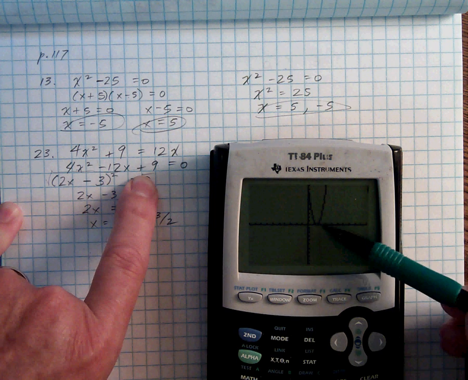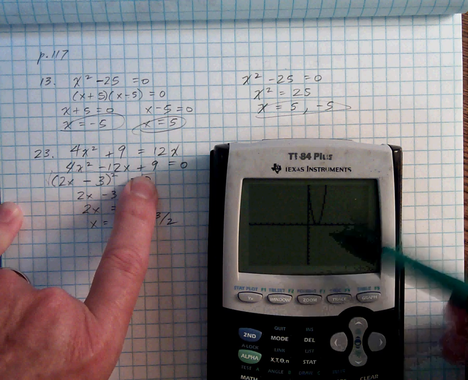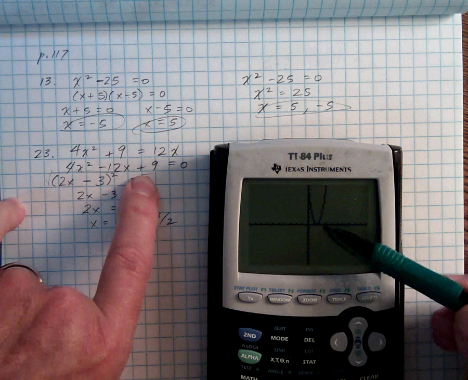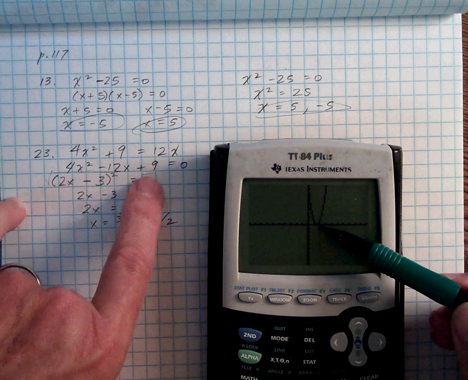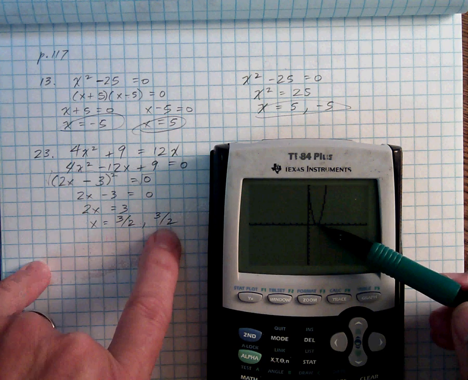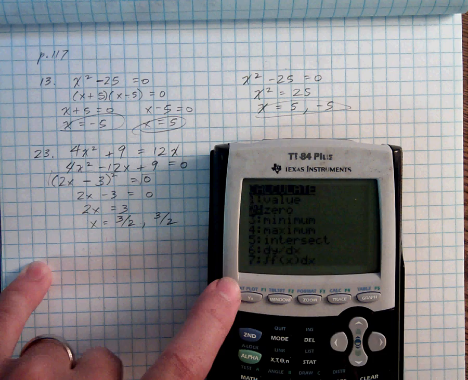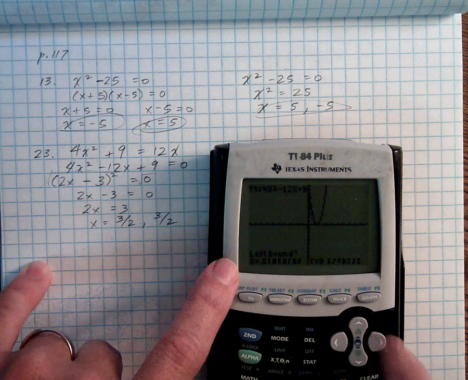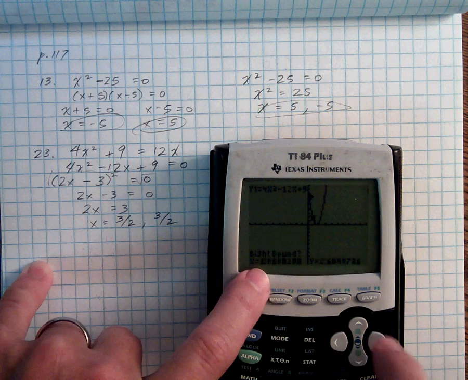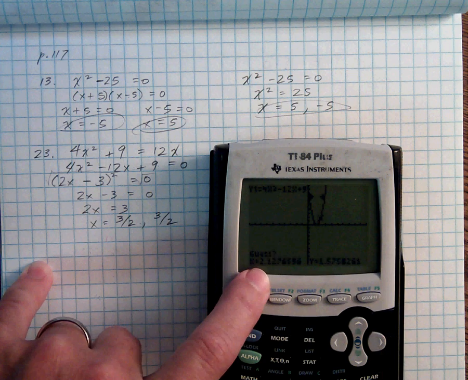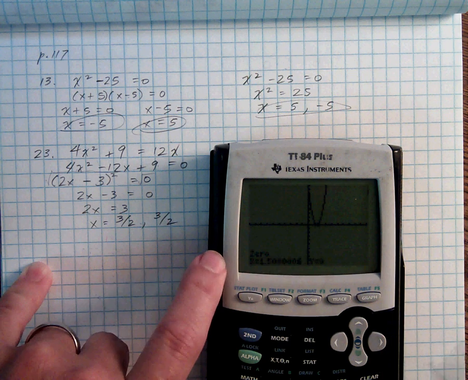You see how it just touches the x-axis? It does not pass through. It's sitting on the x-axis right at 3/2, which is 1.5. If I go to second trace 0, left bound, enter, right bound, enter, enter. You see I get 1.5.